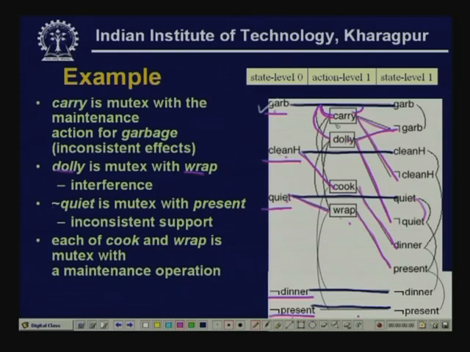By them, carry is mutex with the maintenance action for garbage, dolly is mutex with the maintenance action from garbage, dolly is mutex with wrap, not quiet is mutex with present, cook is mutex with not dinner, wrap is mutex with not present.